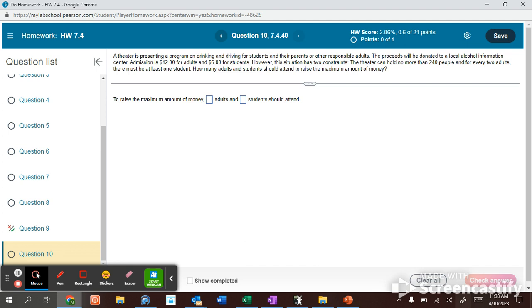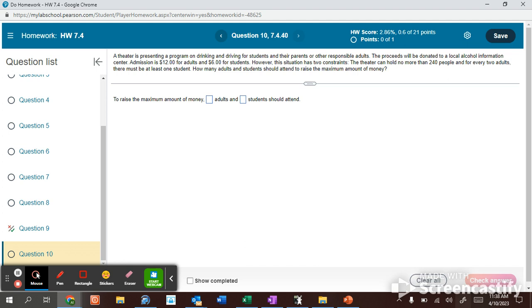All right. So we know we have adults and students. So let's make adults x and students y. So x plus y equals how many people? 240.